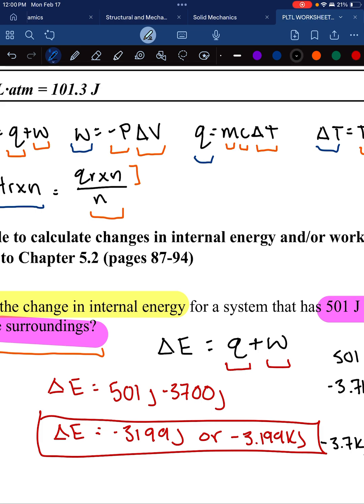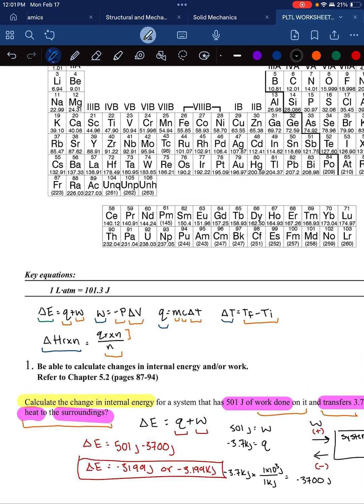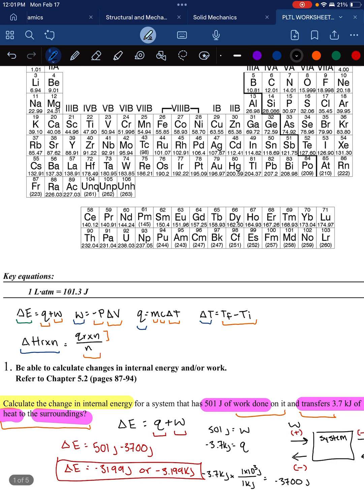Okay. And a big thing about these problems is just to look at that sign. We're looking for the change in internal energy, and we see that it's a negative. So intuitively, we can think about that and say that the system is giving off energy.